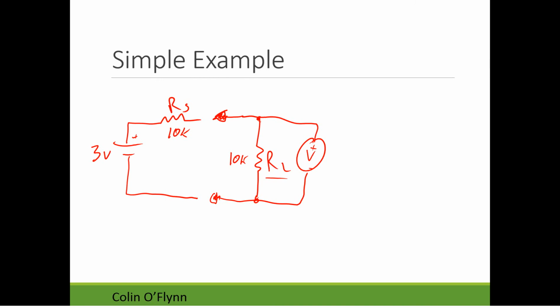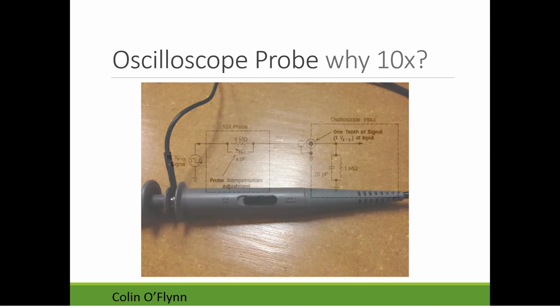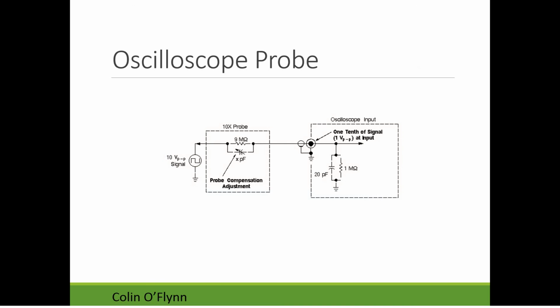And this is why, as a side note, if you look at oscilloscope probes, some of them have this 1 times 10 times switch. Some of them do not and are always just in 10 times mode. What this means, and this is important to be aware of, is that the scope probe is designed such that if it's a 10 times probe, whether you switch it into 10 times mode or it's fixed in 10 times mode, the signal at the oscilloscope input is actually 1/10 of the magnitude of the true signal value.